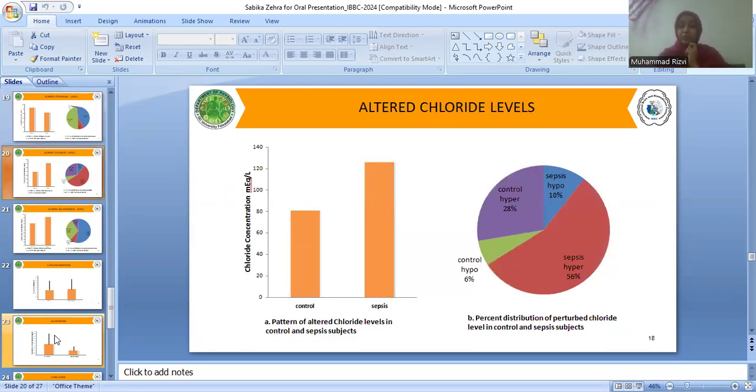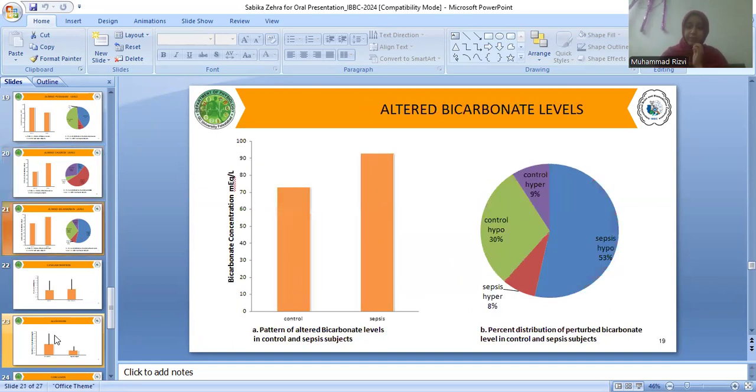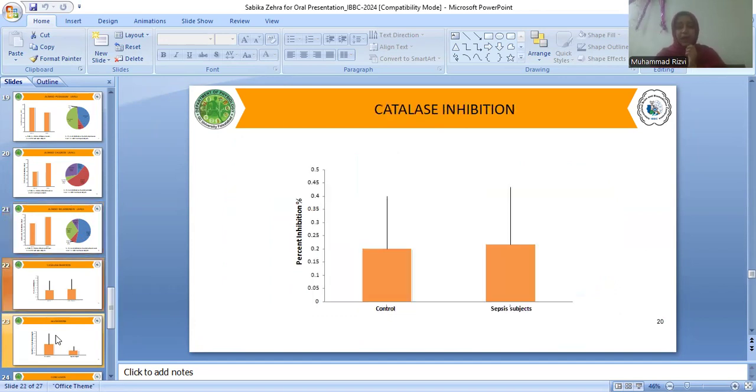Similarly, there are more patients of hyperchloremia rather than hypochloremia. If we talk about the bicarbonate levels, we also have more patients, or more percentage, for hypobicarbonatemia rather than hyperbicarbonatemia.